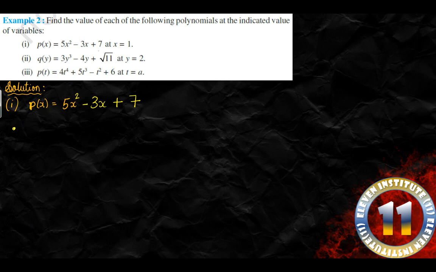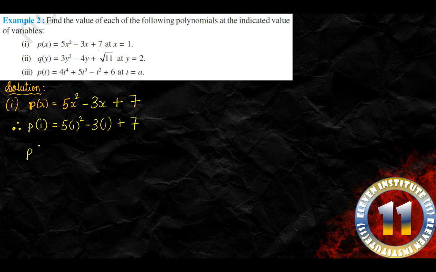So now instead of x we will just write 1. જ્યાં જ્યાં x દેખાય ત્યાં બધી જગ્યાએ 1 લખવાનો. તો 5 will remain as it is. પછી x ની જગ્યાએ શું લખવાનું? 1. તો બ્રેકેટમાં લખવાનું, અને x નો સ્ક્વેર હતો એના બદલે અહીંયા શું થઈ જશે હવે? 1 નો સ્ક્વેર. -3. ફરી પાછો x આવ્યો તો x ની જગ્યાએ શું લખવાનું? 1. And again we have plus 7.